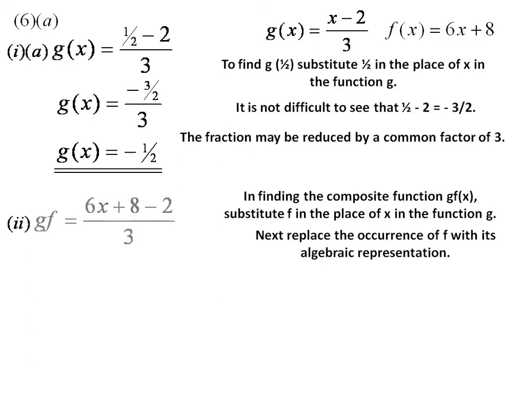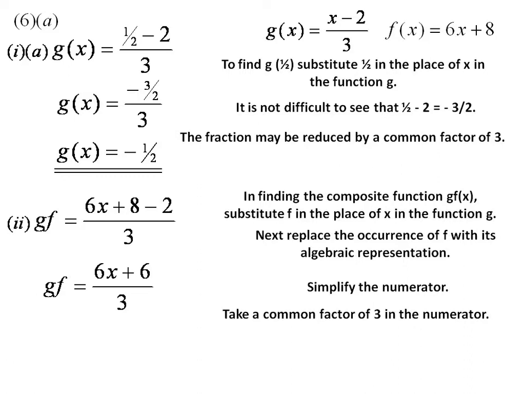(6x plus 8 minus 2) all over 3. Positive 8 minus 2 is positive 6. So we have (6x plus 6) divided by 3. And we may simplify that by taking a common factor of 3 in the numerator. Taking a common factor of 3, what do we have? 3 open bracket 2x plus 2.